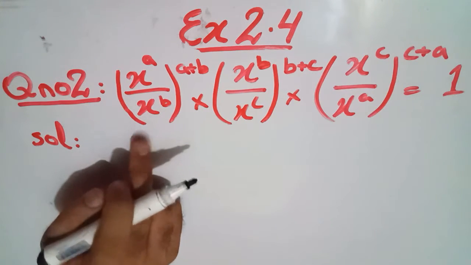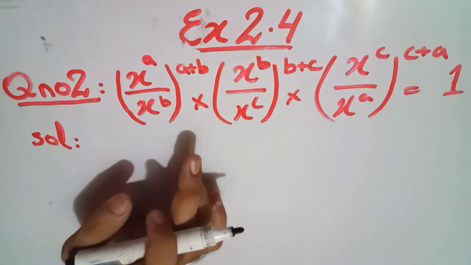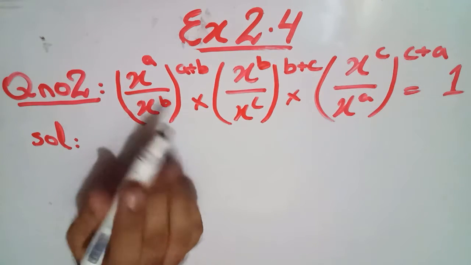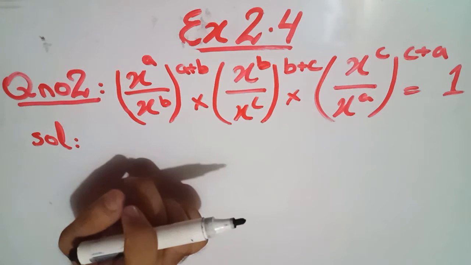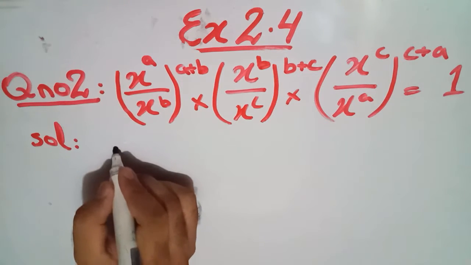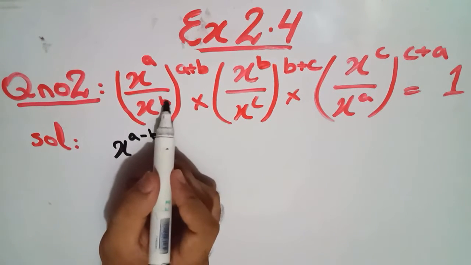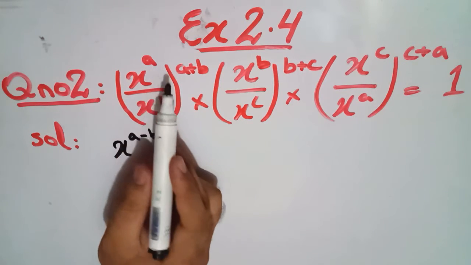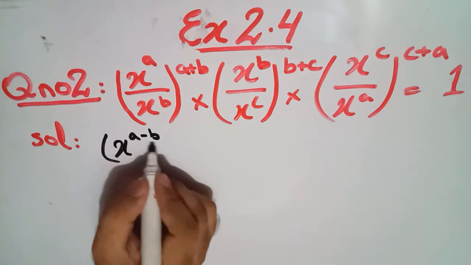In that case, laws of exponent say if both these variables have the same base, then the powers in the divided form will be minus. How? This power will go up and we can write it x raised to power a minus b.